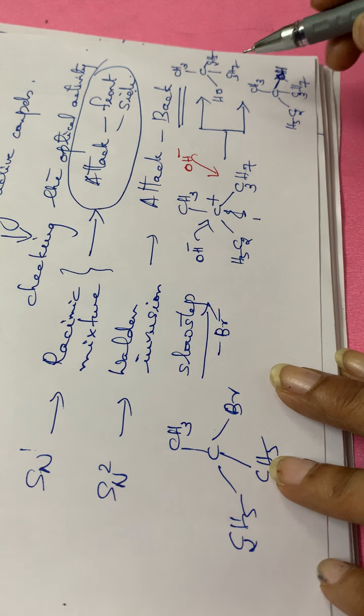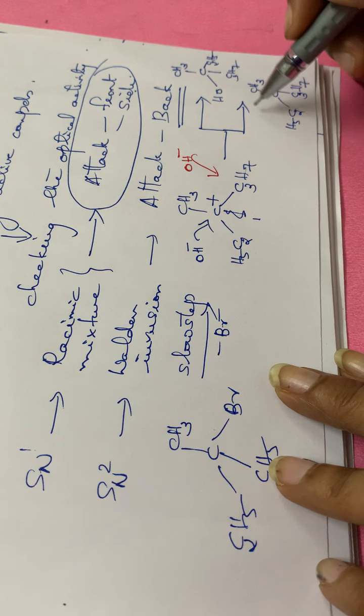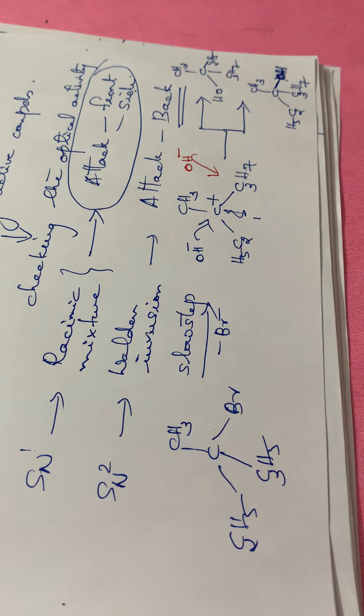That means there will be a mixture of retention of configuration and inversion of configuration. So by checking this also we will be reaching a conclusion. Then the next is the kinetic studies.